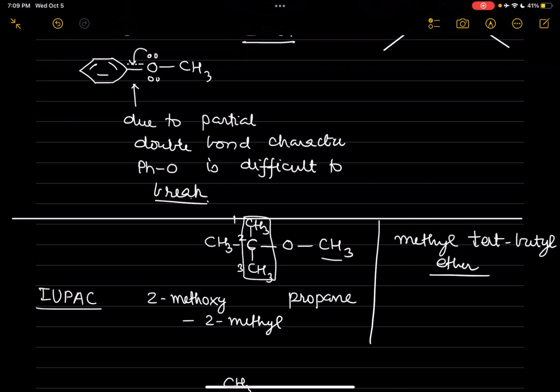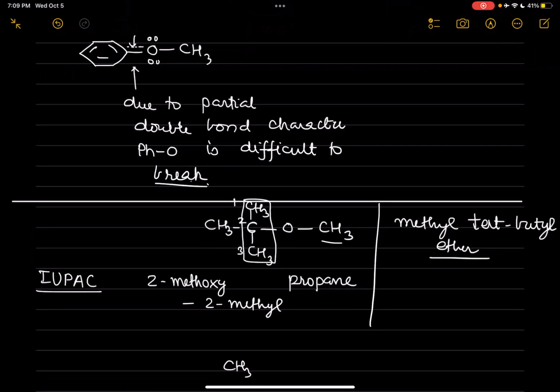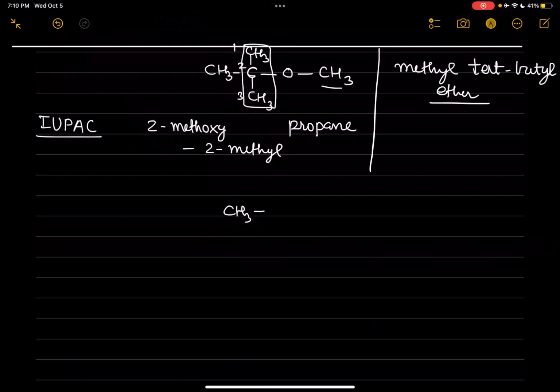Why you chose methyl halide, because methyl halide being small can easily be attacked by tertiary butoxide. But while breaking, you need to be very careful, especially with 1 mole. With 2 moles, it is not a problem. With 1 mole, you need to be very careful at how you are going to break it.